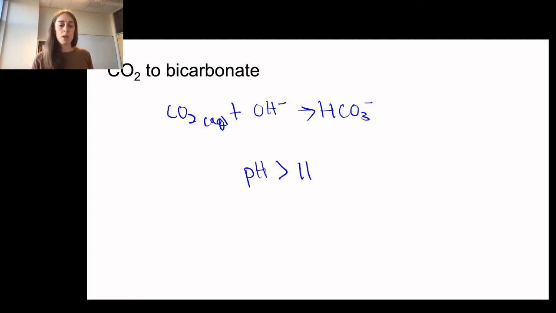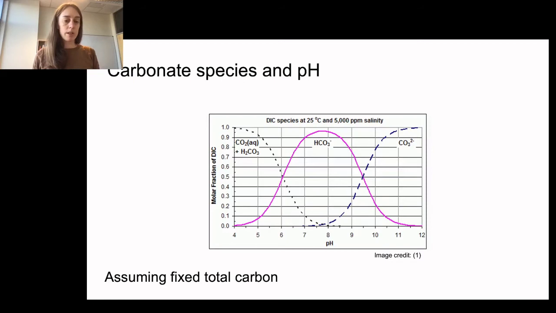Okay, so now we've gone through the whole steps of going from CO2 into carbonate, and now we want to look at how that actually works over the range of pHs. So this is a classic diagram that you will see. We have pH on the x-axis and the molar fraction of dissolved inorganic carbon, and by that it's just all of these species of carbon, so carbonic acid, bicarbonate, carbonate, that is dissolved in water, and it is inorganic.